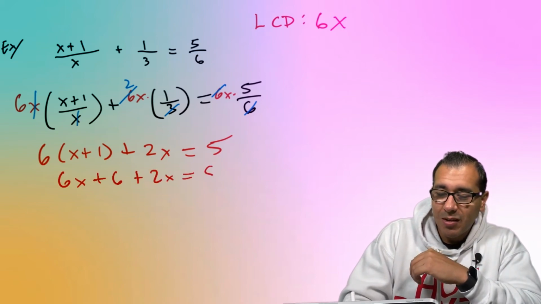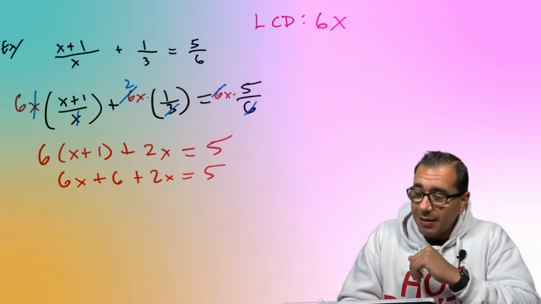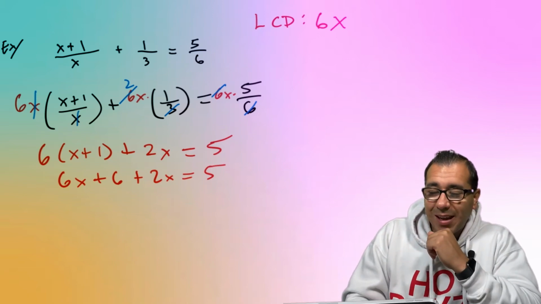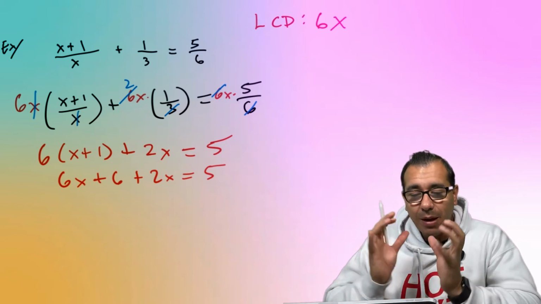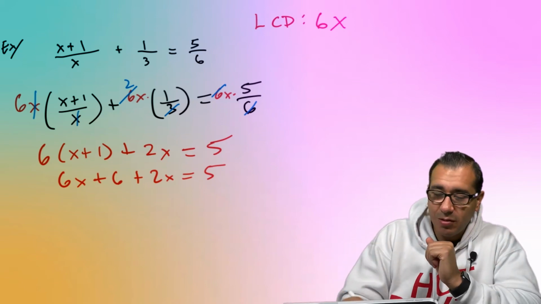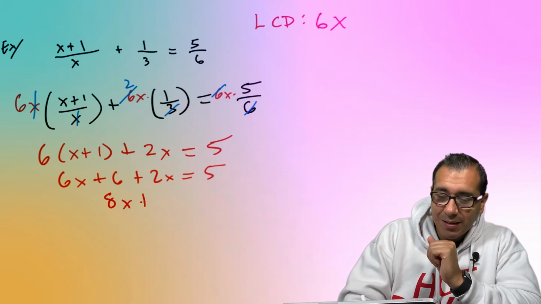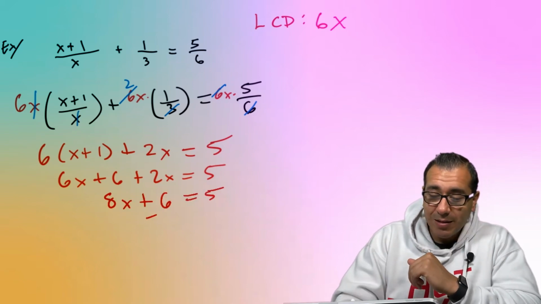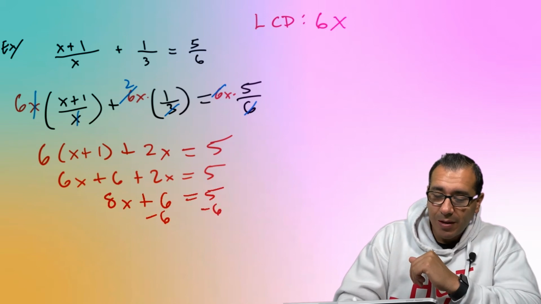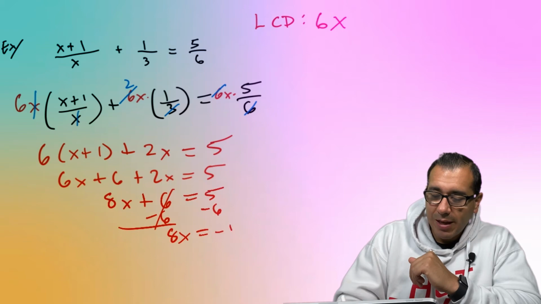All right. So now it's easy to see that we have, again, a linear equation, which is great news because now I can combine my like terms. 6x plus 2x gives me 8x plus 6 equals 5. Go ahead and subtract 6 from both sides. So we're left with 8x, those cancel, equals negative 1.